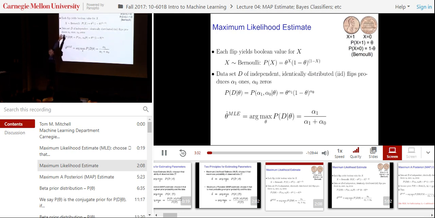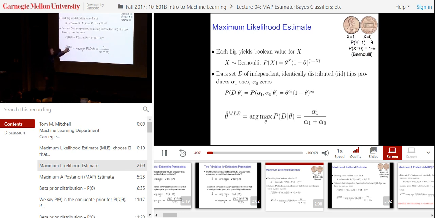And then we calculated, when I asked you, if we flip it or draw a collection of samples from that random variable, and we notice that we get alpha 1 times when it has the value 1 and alpha 0 when it has the value 0, then here was the formula you told me we could use to represent the probability of these observed counts in our data.